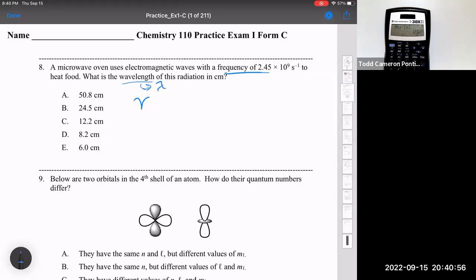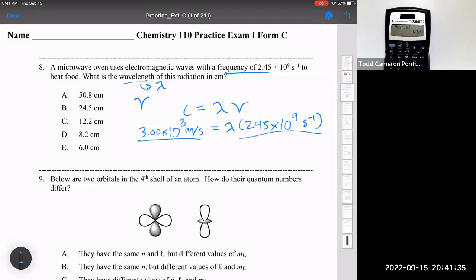By writing things like this down, you can look at your data table and you'll see that the equation that relates these two is the speed of light is equal to wavelength times frequency. Plugging in our values, the speed of light is 3.00 times 10 to the 8th meters per second is equal to lambda, which is what we're solving for, times the frequency, which is 2.45 times 10 to the 9th seconds to the negative 1, or hertz.